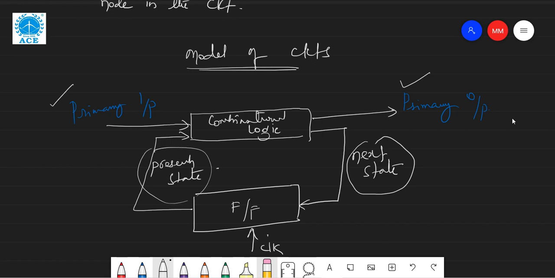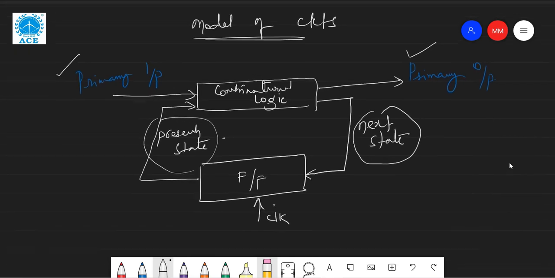In this fashion, observability will observe the state of the circuit, and controllability will reset the fault values by setting 0 or 1. Based on these concepts, testability has so many methods.